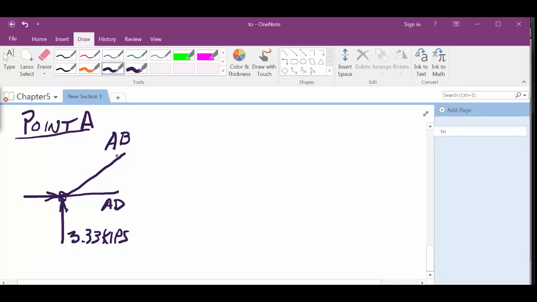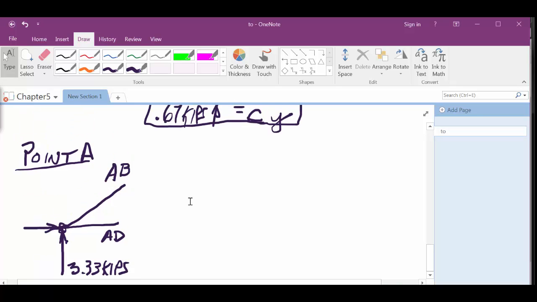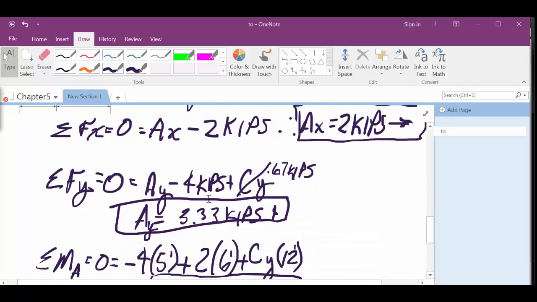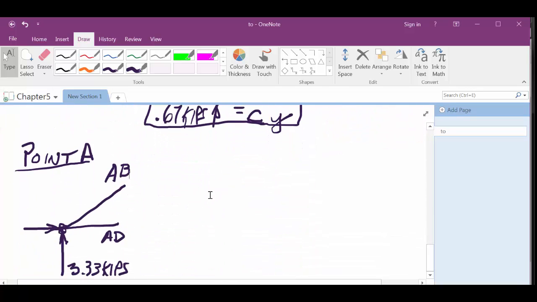Okay, now let's see, what did we figure out AX was? Yeah, AX was 2 kips. So it's doing this. So we got 2 kips. So we've got AB. We also have to have some kind of an angle here, don't we? I do it a little bit different than the way the book does it.